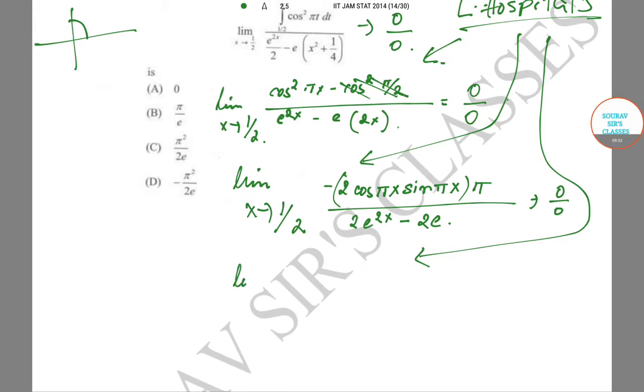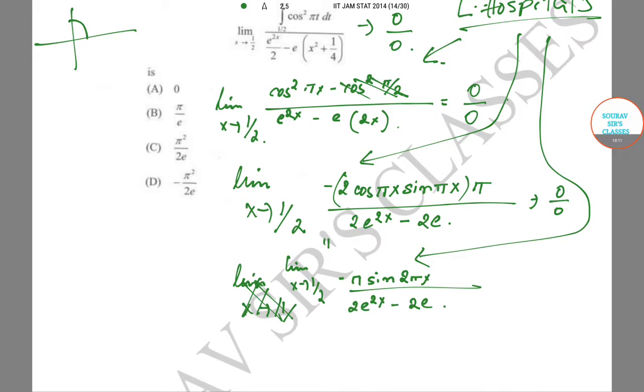The third application of L'Hospital's rule, before that we'll just simplify this. This is equal to limit x goes to half, 2 cos theta sin theta is sin 2 theta, so we have minus pi sine 2 pi x by 2e to the 2x minus 2e.